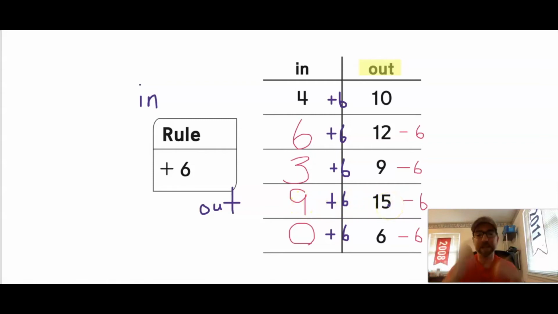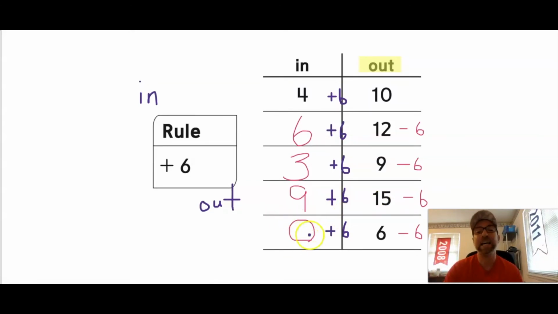And I thought to myself, well, 15 minus 6 equals 9. And 9 plus 6 equals 15. And the last one, I got the number 0. 0 plus 6 equals 6. And my thinking in my head was 6 minus 6 gives me that 0.